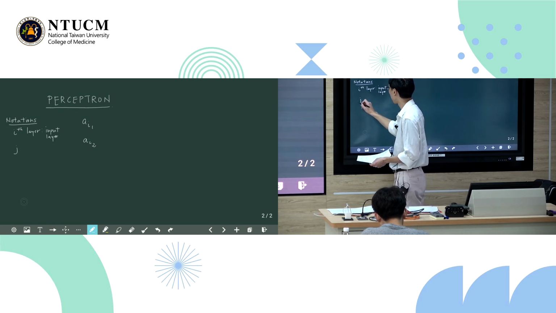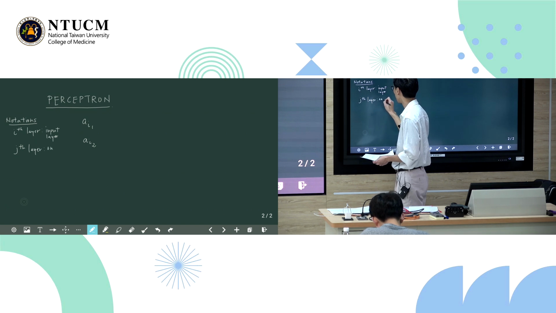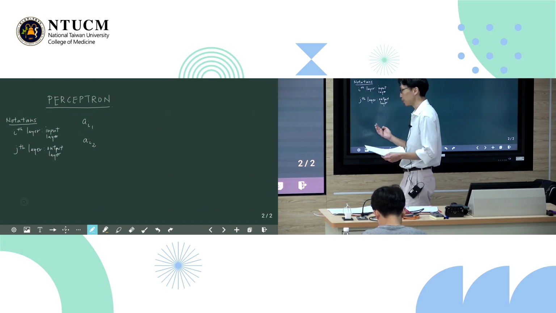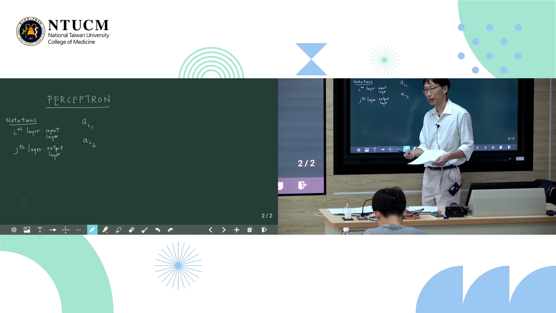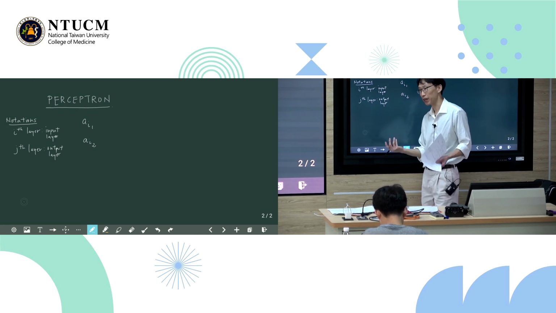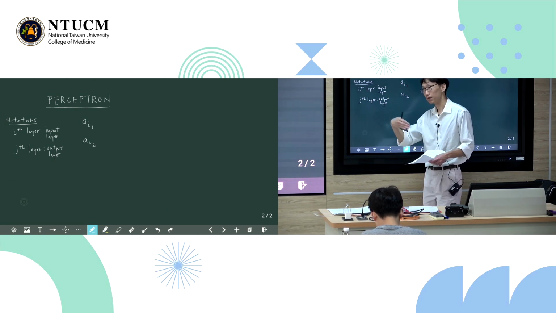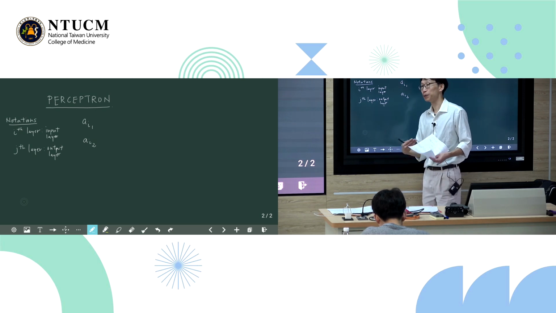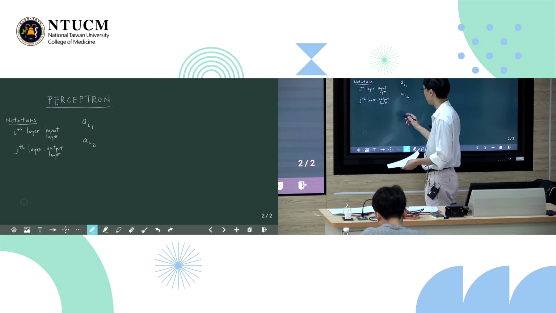And later on we'll have the J layer, which is the output layer. And we always do this systematically. It will be I, then followed by J, okay? If I do M, then it will be followed by N. If I do P, then it will be followed by Q, etc. All right? So I try to keep that systematic.